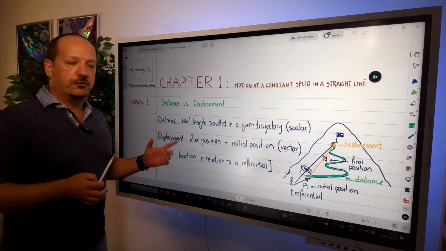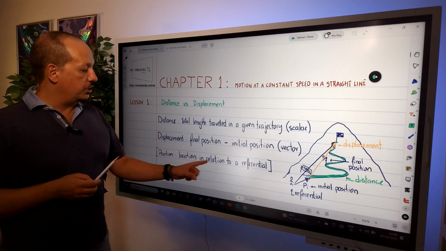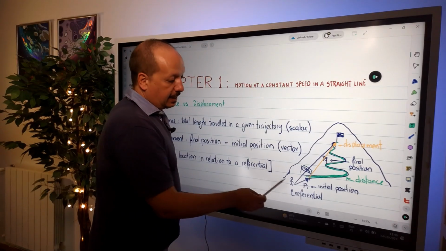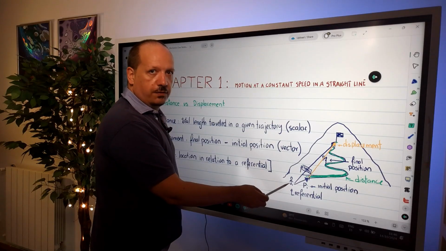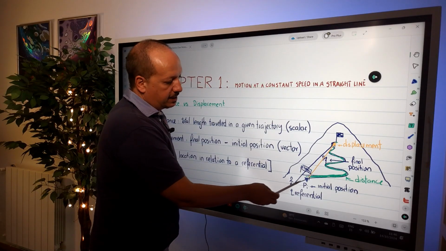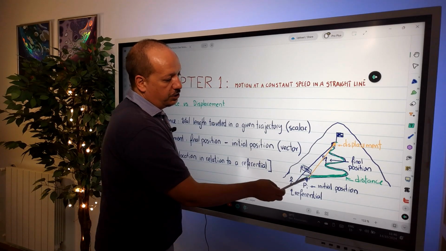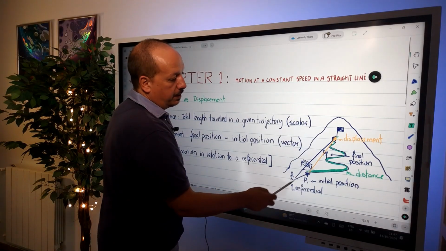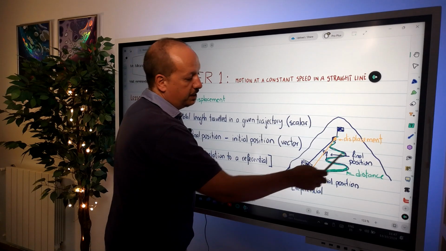What is a position in the first place? The position is the location in relation to a referential. In this example over here, I decided that this would be the origin of the referential, meaning that this is the original position, the initial position, and this one over here, also a vector, is a final position.